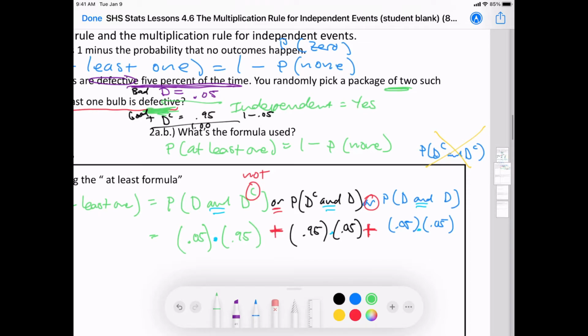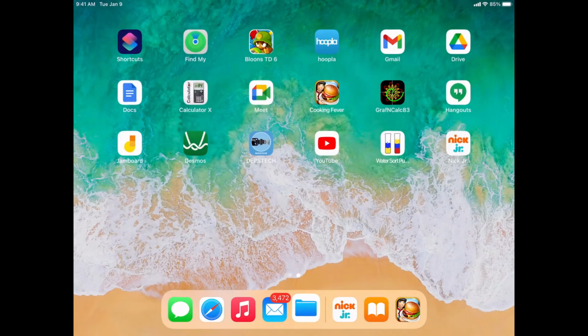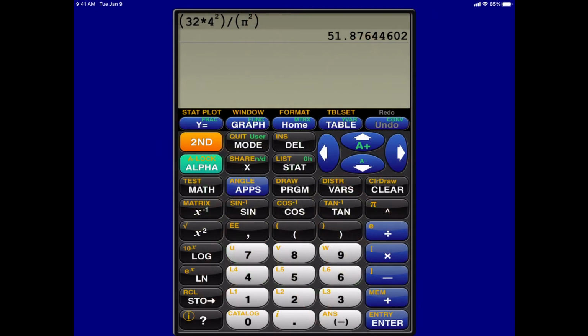Okay, and then you can just multiply those and add them in your calculator. Let's go ahead and do that and show you. 0.05 times 0.95 plus 0.95 times 0.05 plus 0.05 times 0.05.